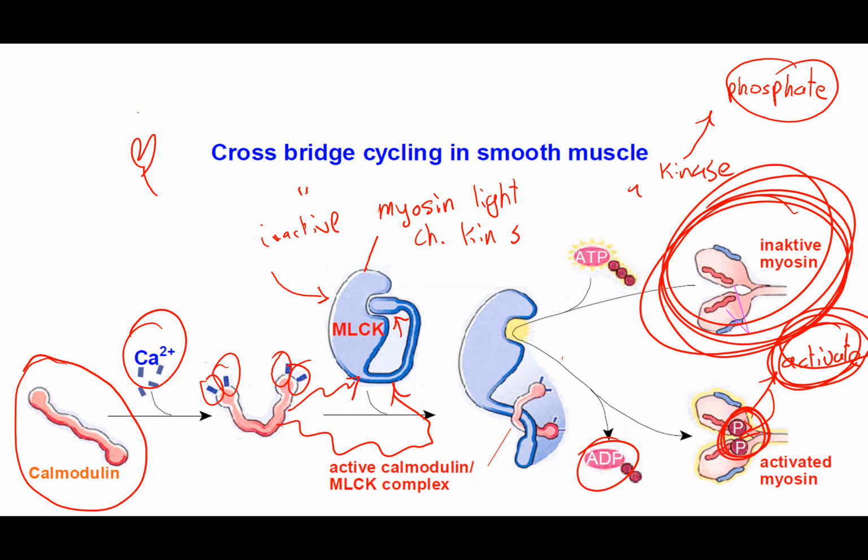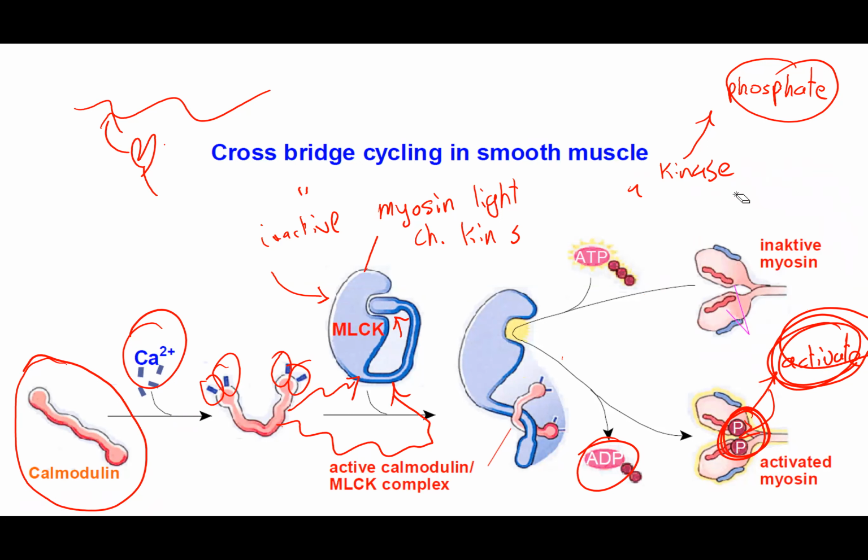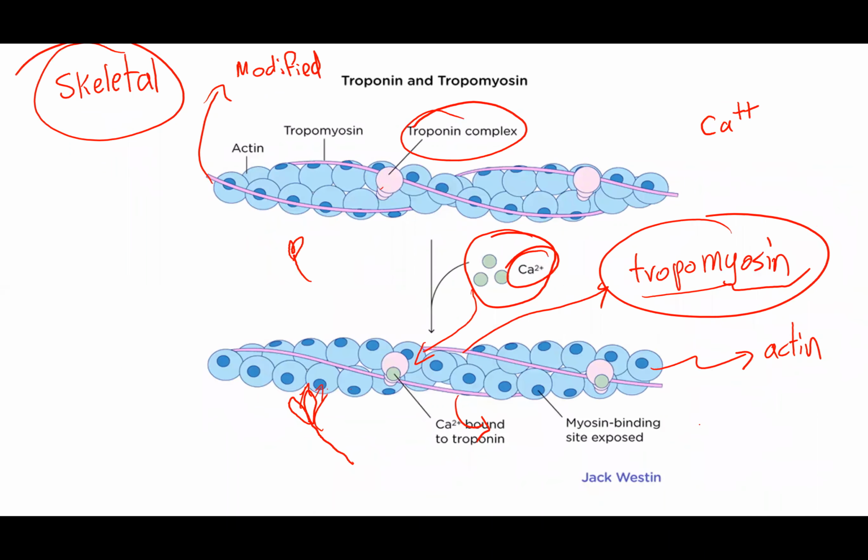If you remember, it binds to actin and does the whole cross-bridge cycling thing. So this is what happens in smooth muscle. The only difference is the way it gets to this cycle. The actual cycle itself is the exact same between skeletal muscle and smooth muscle. The way it gets to activate the cycle is just different.